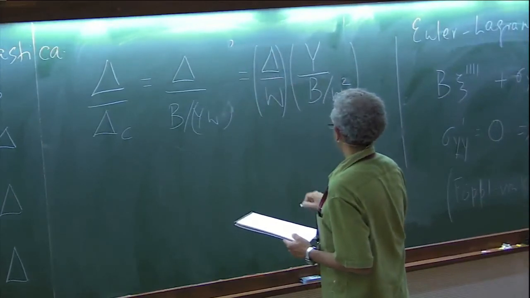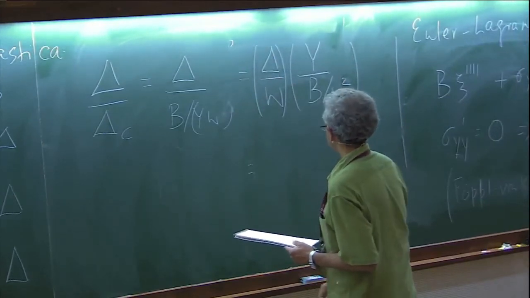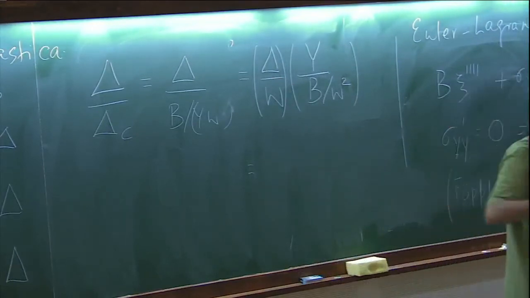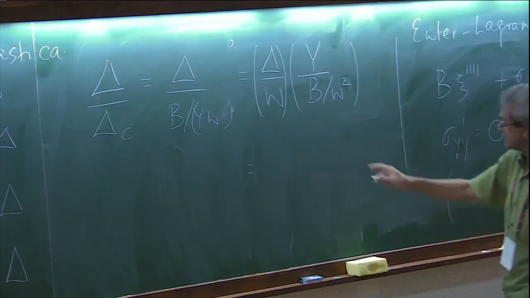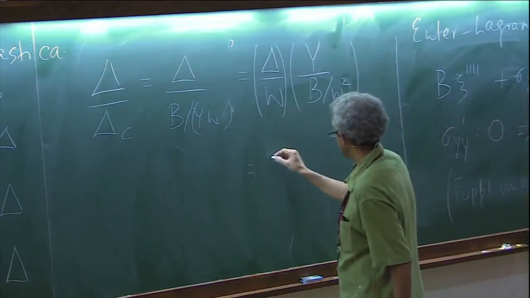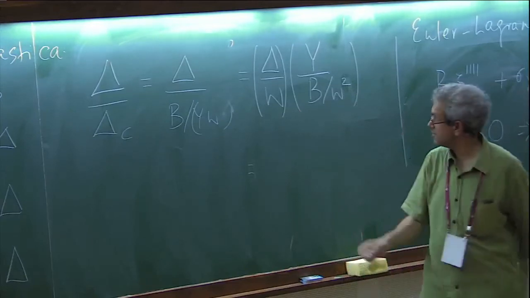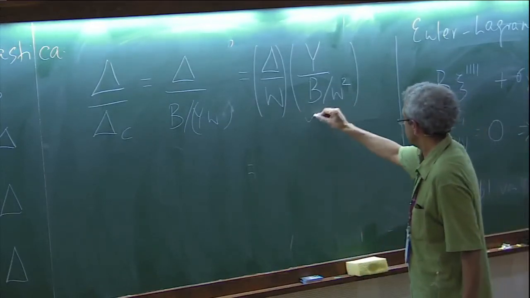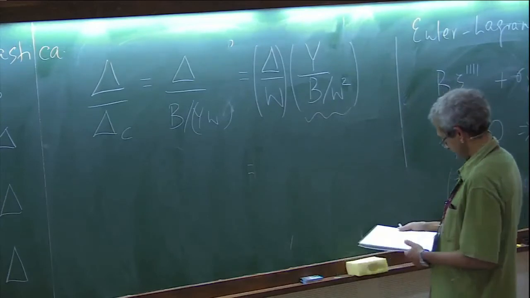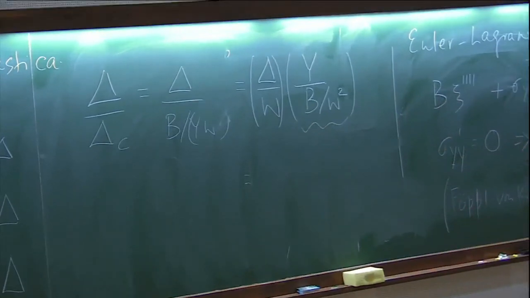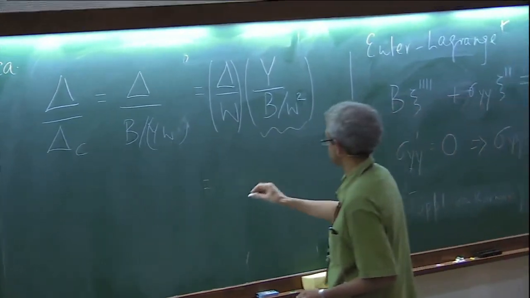So, I want to say that this delta over W is the actual fractional strain, imagining everything is inline. So this is just the compression, imagining everything compressed uniformly. This is, if I use what I've got for stress, B over W is stress, right?